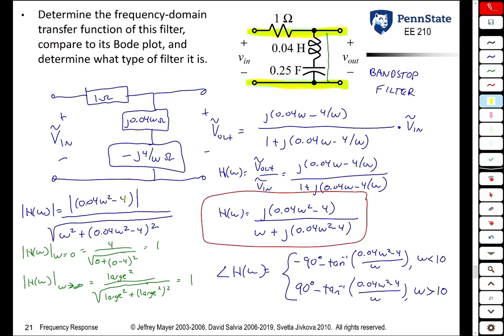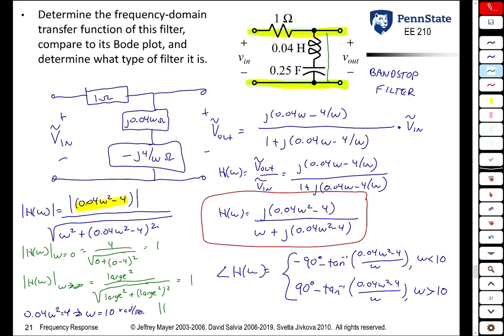What about when this part in parentheses equals 0? So when 0.04 omega squared equals 4, or omega equals 10 radians per second, we get what?